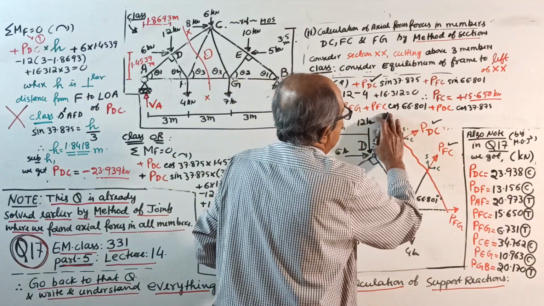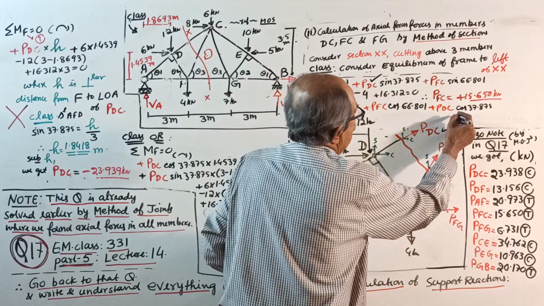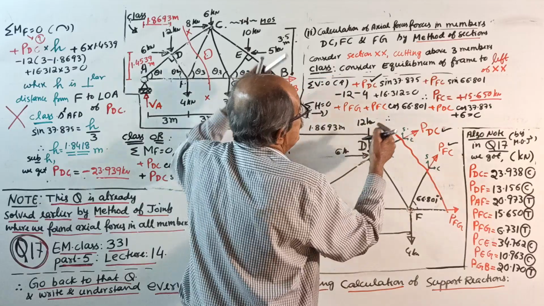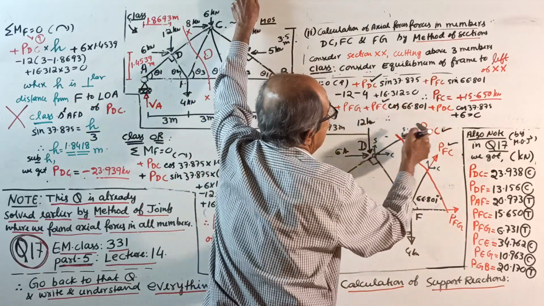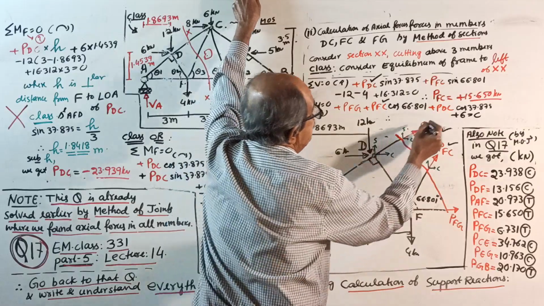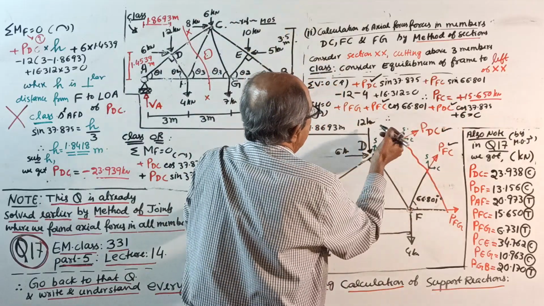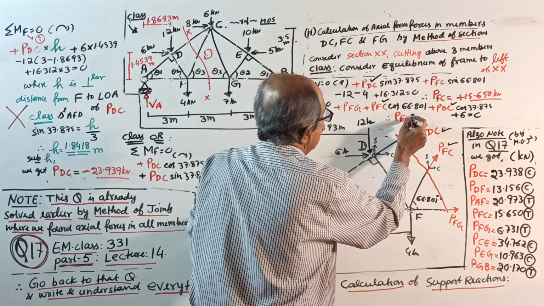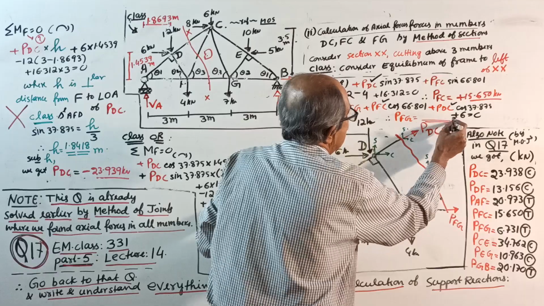PD is already known. Plus 6 equal to 0. Therefore, you know the value of PFC, you know the value of PDC here, everything is known. Therefore, you get PFG. I will really calculate. I won't cheat. I really calculate.